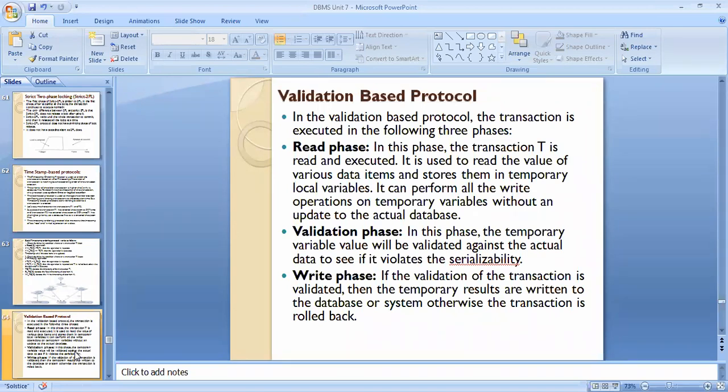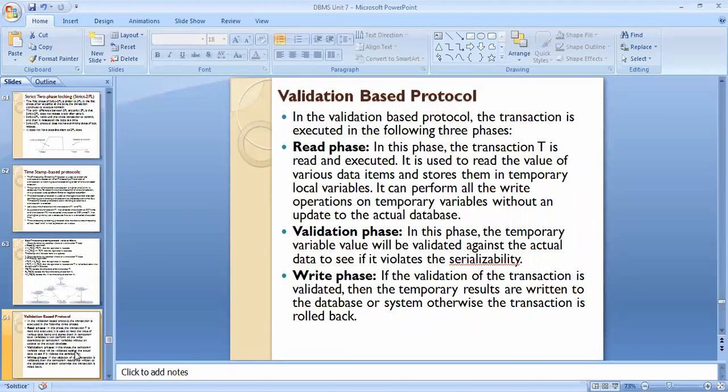In the read phase, the transaction T is read and executed. It reads the values of the various data items and stores them temporarily in local variables.